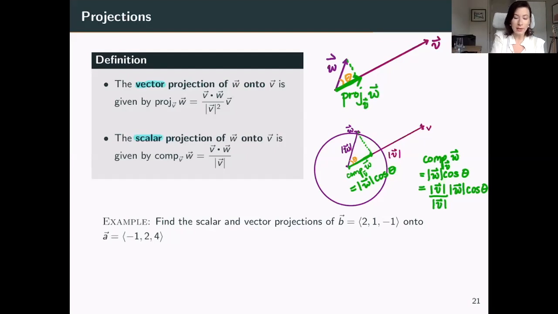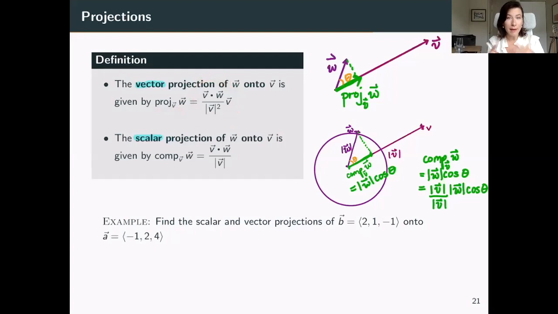Notice that the vector projection is a vector, whereas the scalar projection is a scalar, a length versus a vector. In terms of what the projection is and how to compute it, we have the following: the projection of the vector W onto the vector V is given by the following expression.